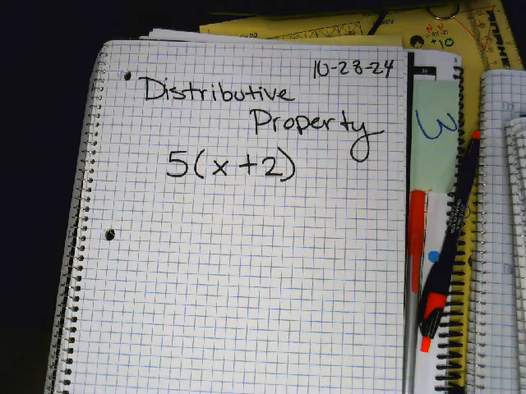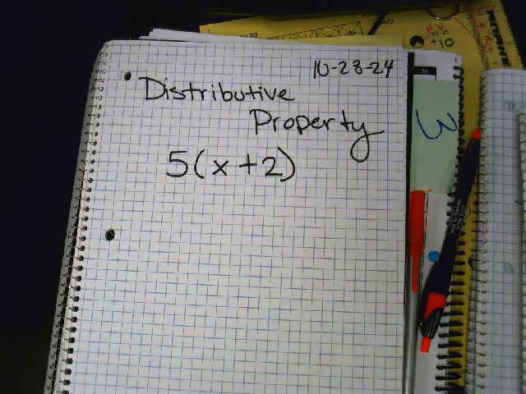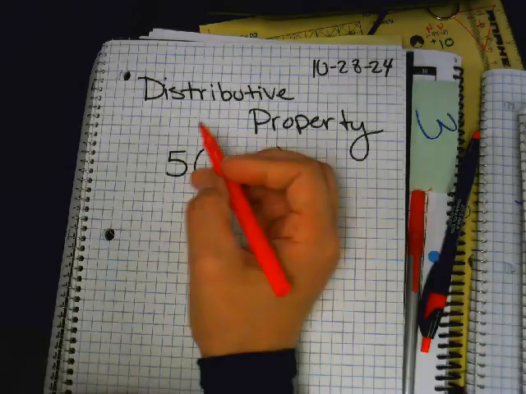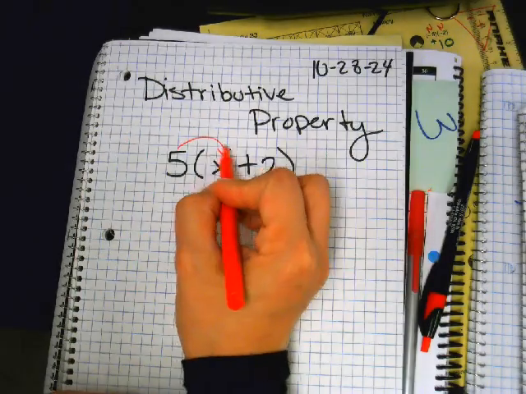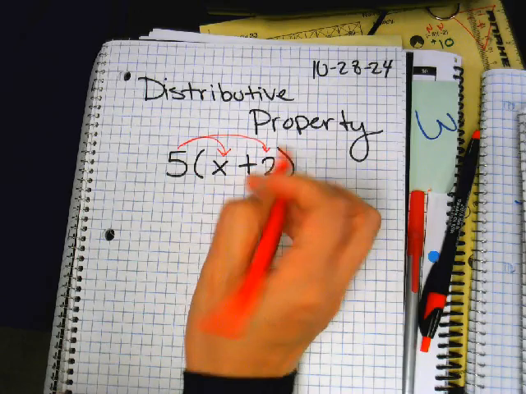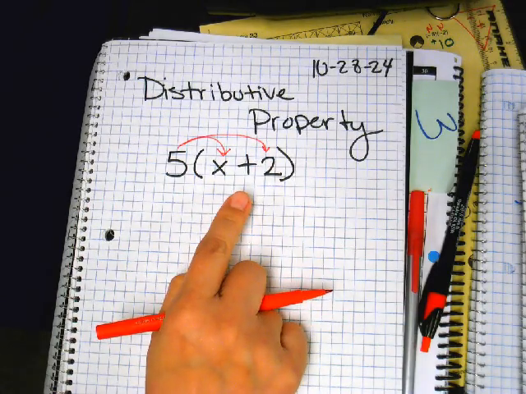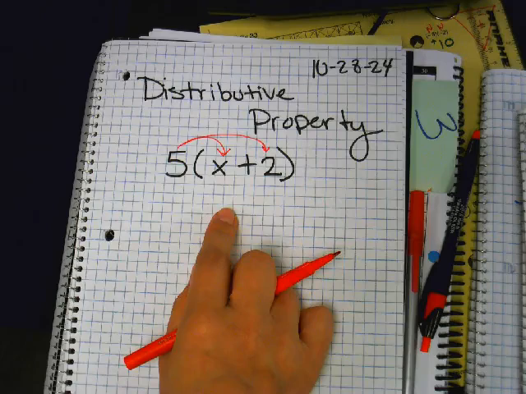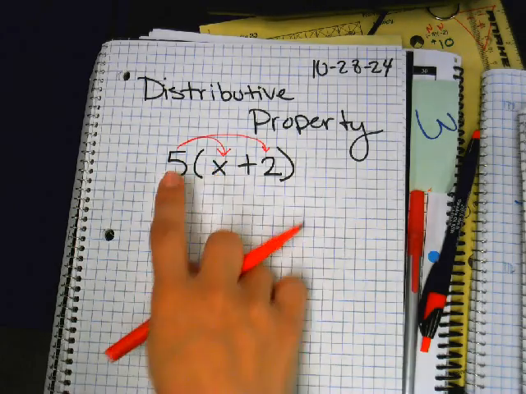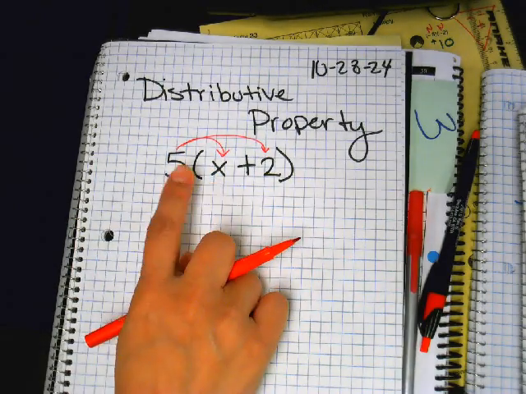So at the end of the period I give out homework, right? I distribute homework. Do I distribute homework to everybody? Yes, evenly. Here is the same thing. I'm going to distribute the 5 to everything inside the parentheses with these arrows. I want to see these beautiful arrows on your paper, Alex. That means you give the 5 to the x and the 5 to the 2.